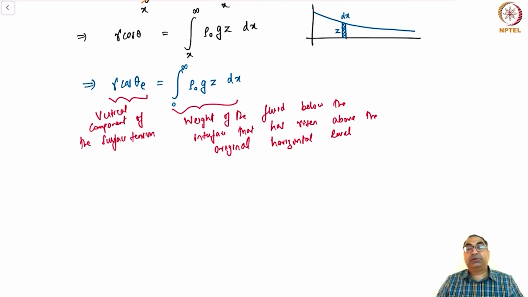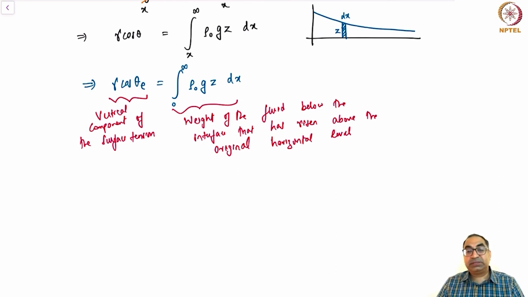So because the meniscus is meeting the wall at an angle theta e, the meniscus essentially is getting pulled up by surface tension and gravity is pulling it down. So an equilibrium is established because there are two competing forces, the surface tension force pulling it up and the gravity force pulling it down. And this causes the meniscus to bend all the way from the wall where the angle is theta e, and the decay rate is given by the characteristic length scale, the capillary length, LC.